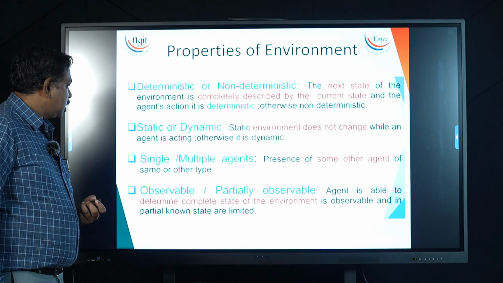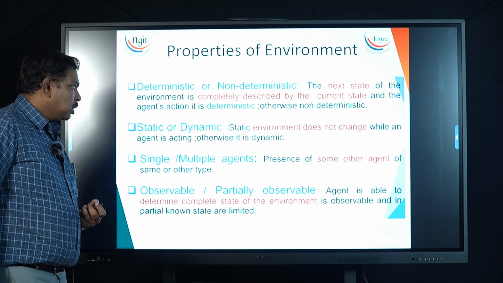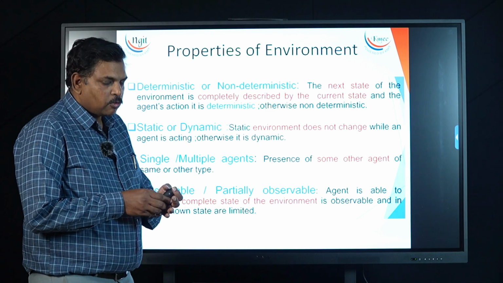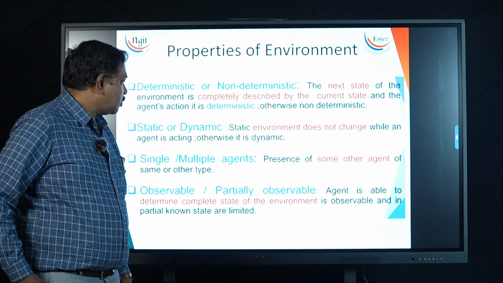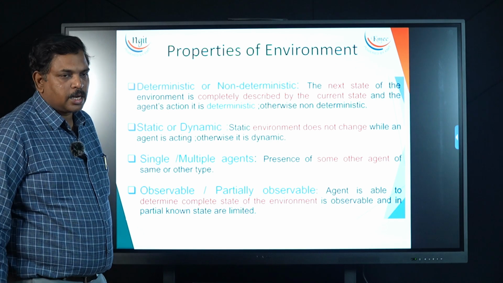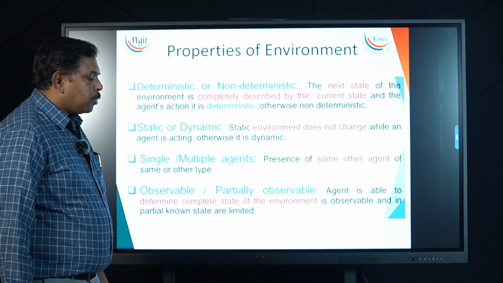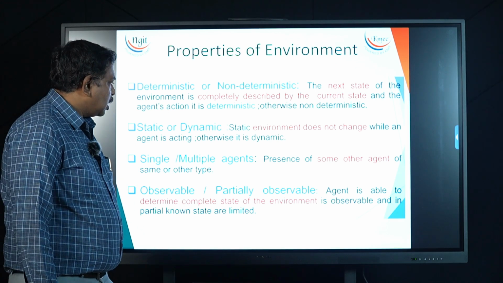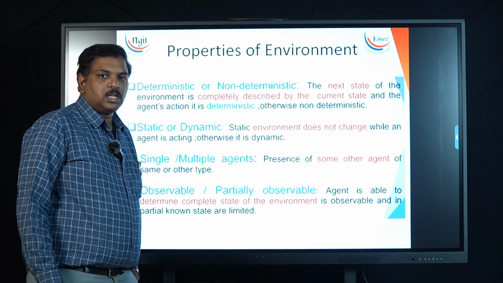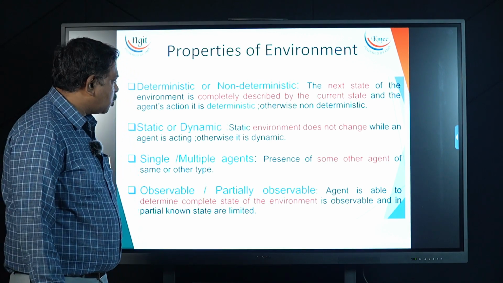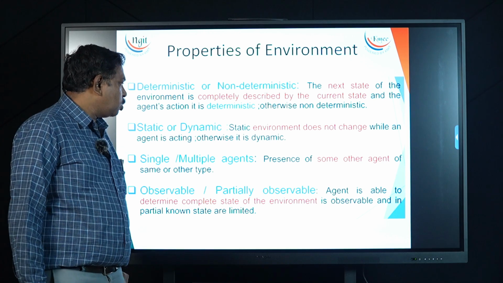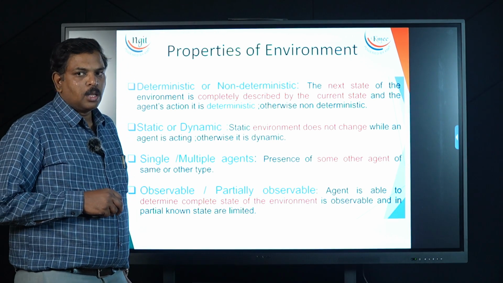Third kind of nature: single or multiple agents. Sometimes a single agent works in the environment, sometimes an agent has to collaborate with other agents. Like while playing chess, if an agent is playing with a human being, a single agent is there, but if one robot is playing with another robot, two agents are involved in that game.